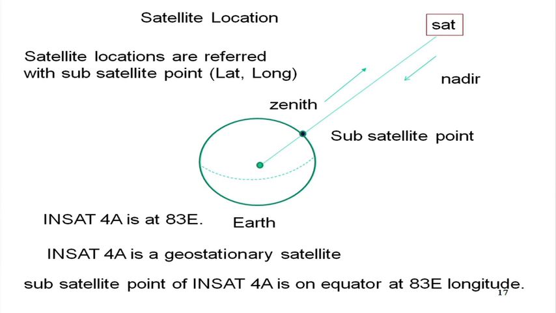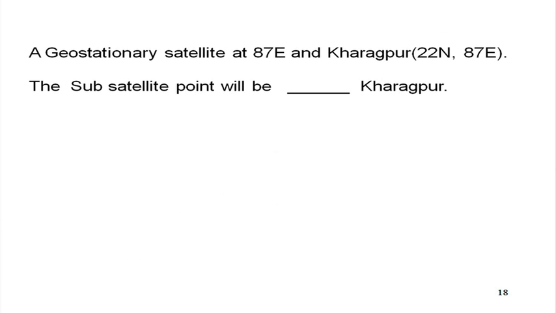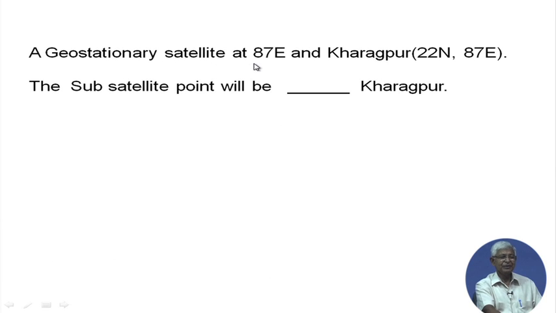Now, I am going to ask you a question, think carefully. A geostationary satellite is at 87° east, and Kharagpur is 22° north and 87° east.